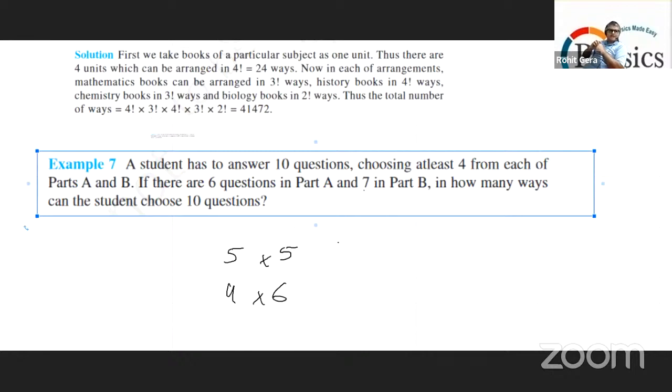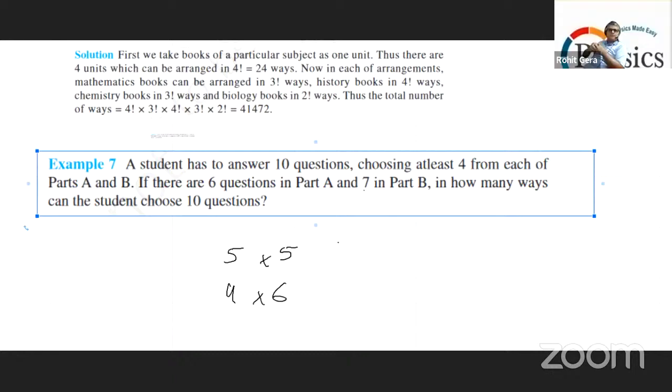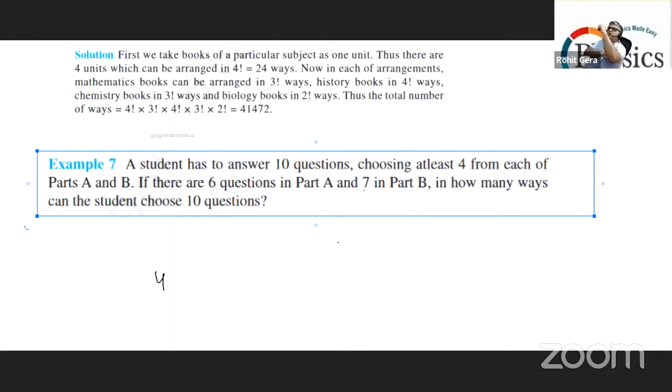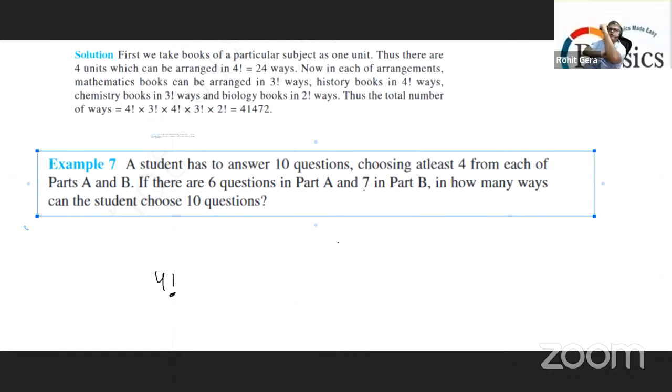If you're selecting 4, then it is 6p4 into 7p6. First, you will fill up 4 questions out of 6. I call it 6p4, 6 factorial divided by 4 factorial. I am not arranging 4 questions. I have to select 4 questions out of 6.